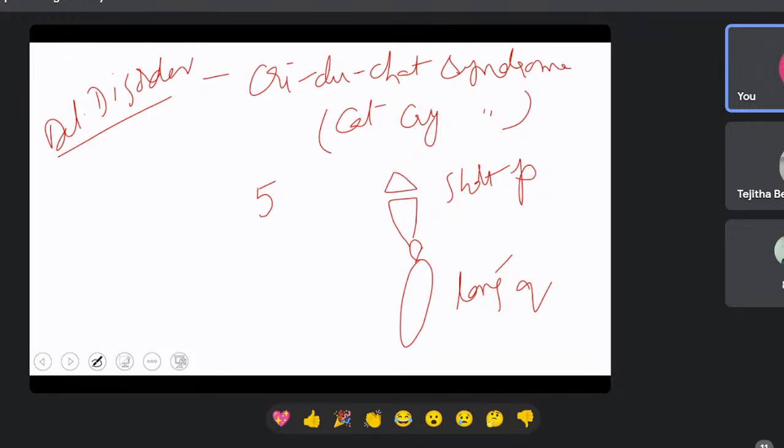Deletion occurred in the short arm of the fifth chromosome, hence it is written as 5p minus. Here minus is related to deletion, p refers to the short arm, and 5 refers to the chromosome. So this is called cat cry syndrome.